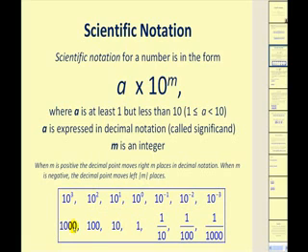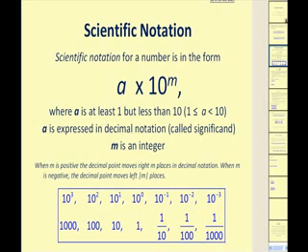Therefore, when m is positive, when we convert to decimal notation, the number will be larger than the value of a. If we're multiplying by a negative power of 10, we would multiply a by some fraction, and if we multiply a by a number that's less than 1, the result will be a number that is less than a.